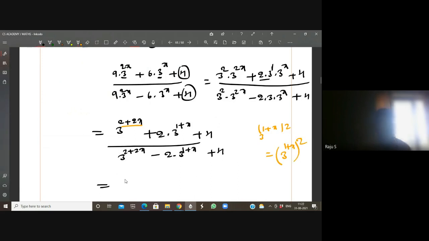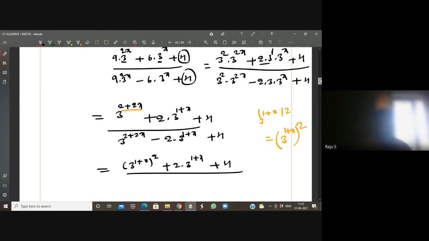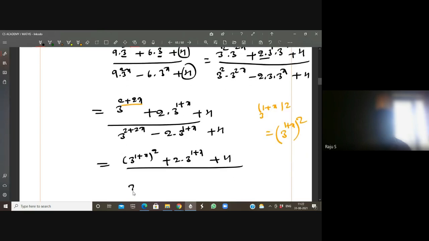So from this, I write (3 power 1 plus x) all to the power of 2 plus 2 times 3 power 1 plus x plus 4, by the same, (3 power 1 plus x) the whole square minus 2 times 3 power 1 plus x plus 4. Students, got it?